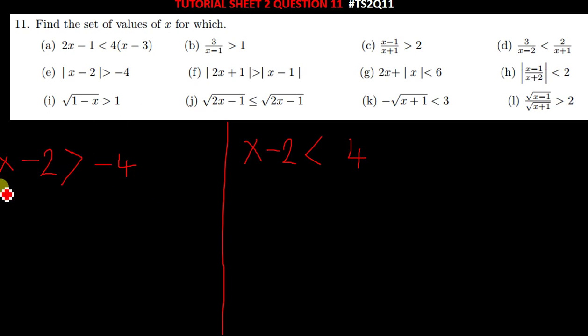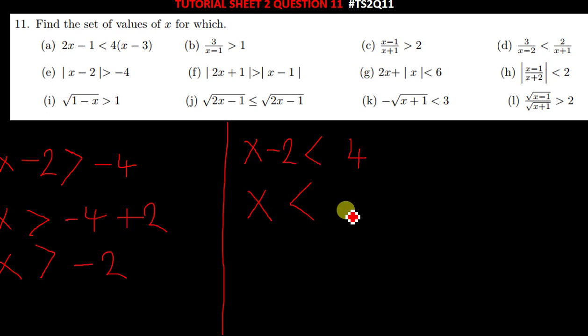Yeah, so this is basically what you do. Then you just find the final solutions. There you have your negative 2, you take it to the other side of the equal sign, you have negative 4 plus 2. So you have x greater than negative 2. You also do the same this side. So you have your x less than 4 plus 2. So this gives you 6. So you have two solutions.